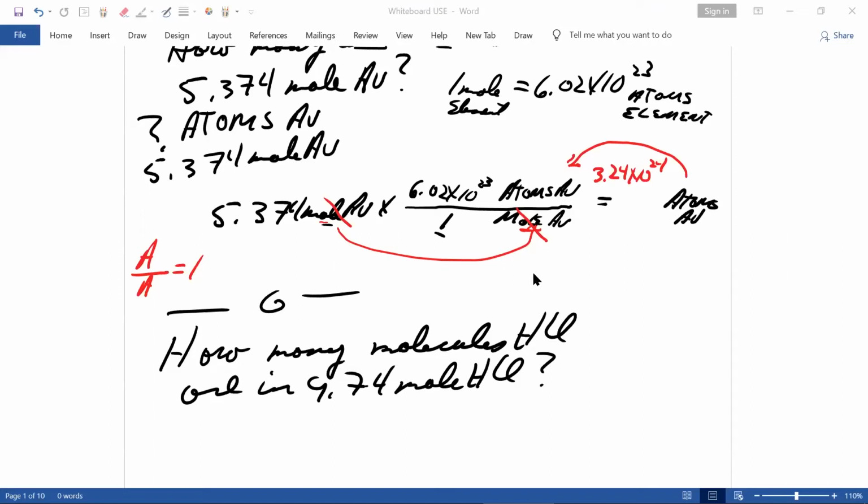And remember, 1 mole of an element or a compound equals Avogadro's number of either, for an element atoms, for a compound molecules.